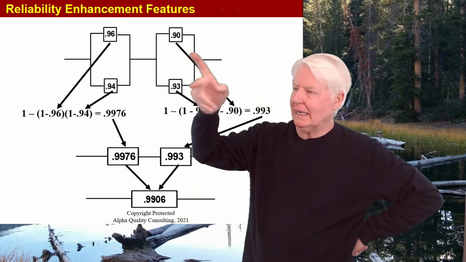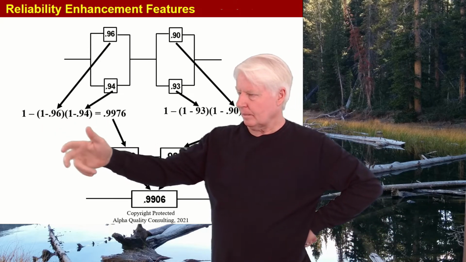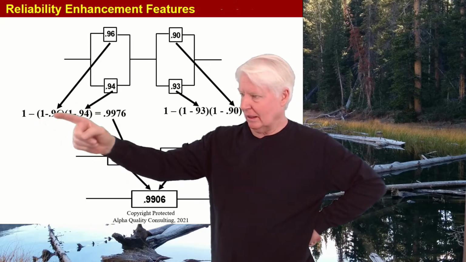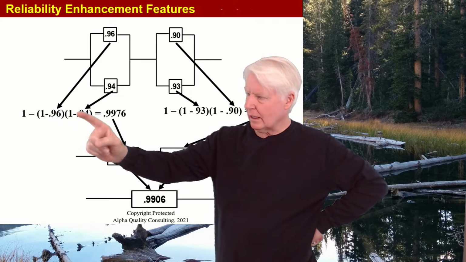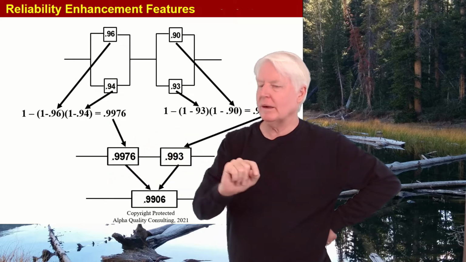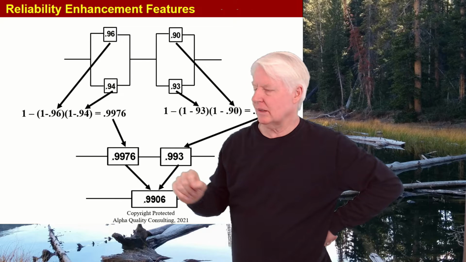But I put my diagram in terms of reliability, so we'll subtract it. That's how we analyze these parallel systems: 1 minus the failure rate of 1 times the failure rate of 2 times however many failure rates you have in parallel. Hopefully that makes sense.